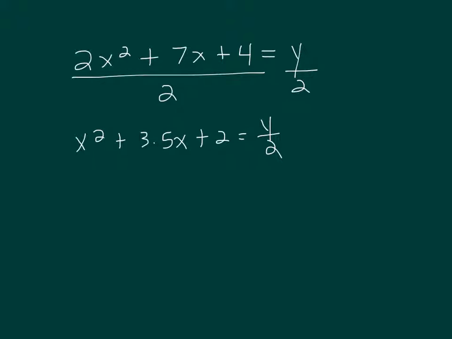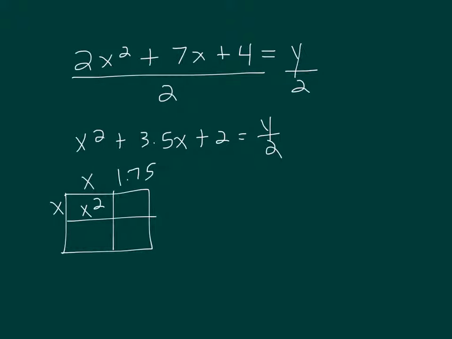And then, again, they're going to make their box and say, I need a square. So my x squared has to go here, so it has to be x and x. These two numbers have to be the same, and add to 3.5. So half of 3.5 is 1.75. So 1.75x, 1.75x.